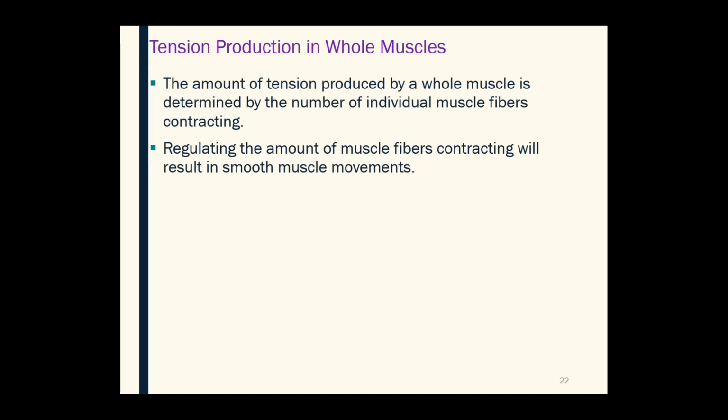We're going to look at all the muscle fibers together in one muscle and show how the entire muscle generates tension. The amount of tension produced by a whole muscle is determined by the number of individual muscle fibers contracting. So if you're going to do heavier work, you're going to have more muscle fibers contracting within a muscle. Or if you're going to do lighter work, you're going to have less.